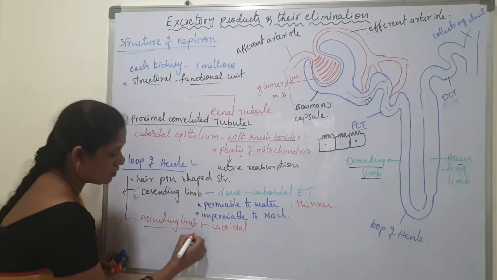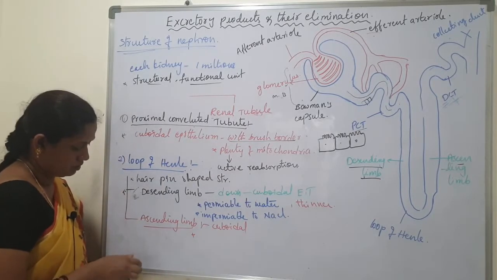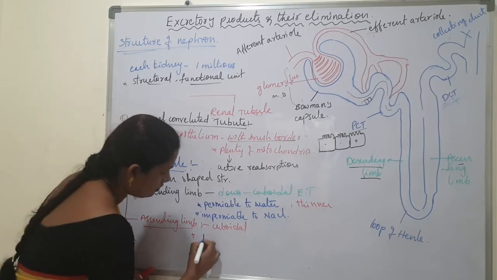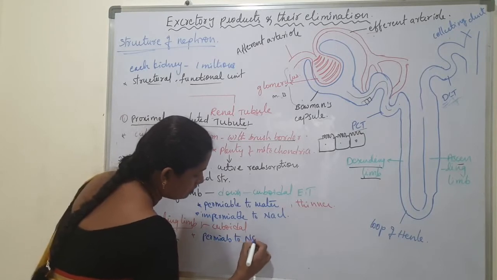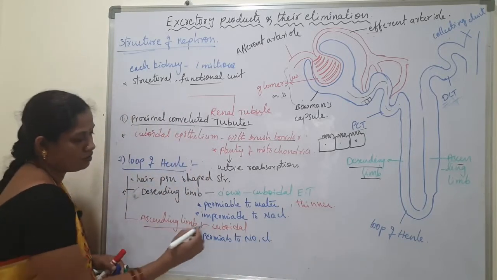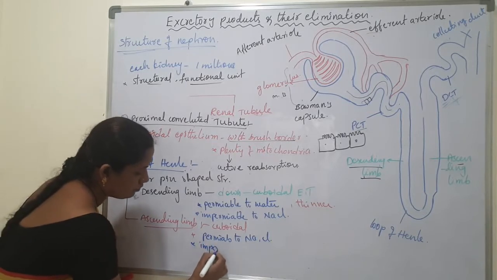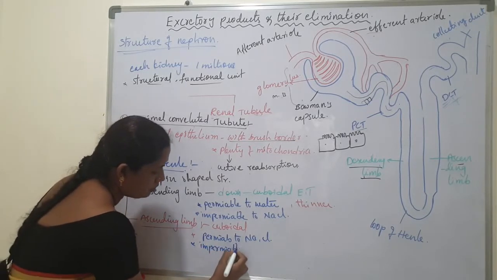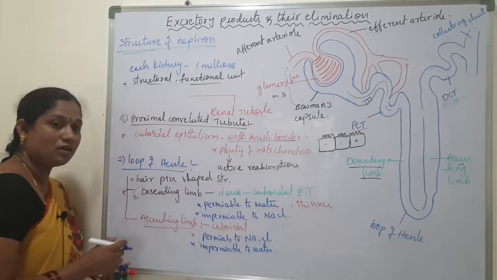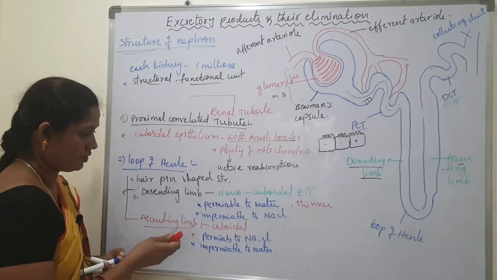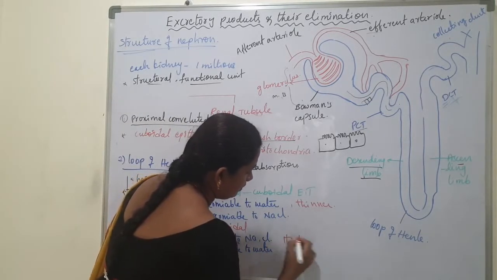It is permeable to salts, sodium and chloride ions, and impermeable to water. So both are opposite in nature. The wall is slightly thicker.